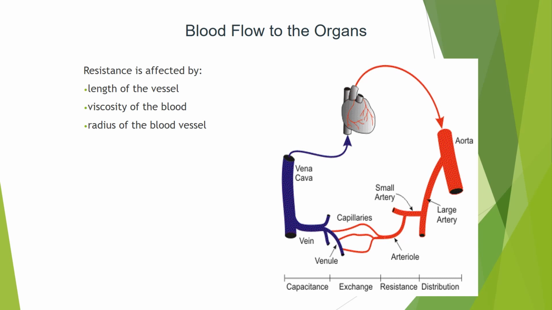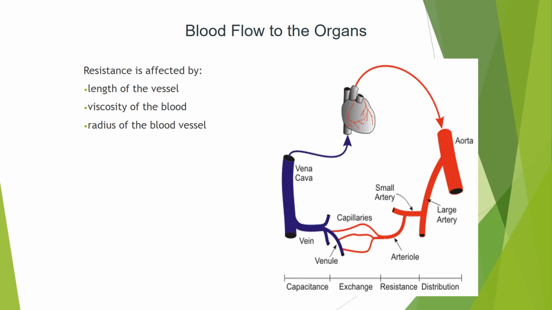Viscosity is going to be another variable that will affect the resistance, and this is the thickness of blood. So if we have an increased thickness, or an increase in viscosity, then we have an increase in resistance. One example of when this would occur is with severe dehydration and with polycythemia, which is a high red blood cell count, both of which depend on the concentration of cells and proteins within the blood.